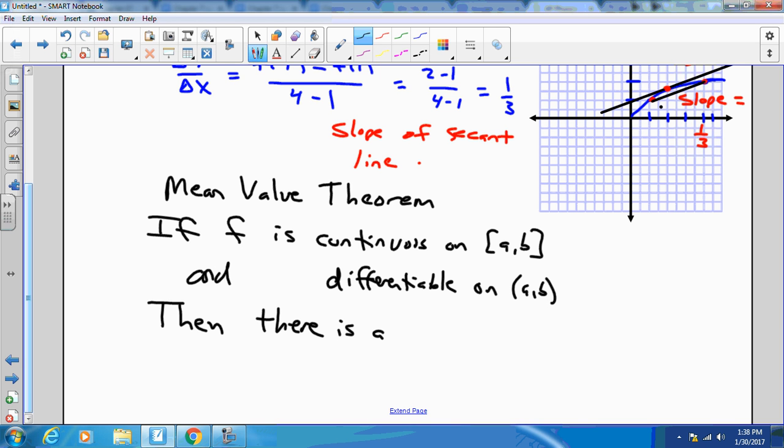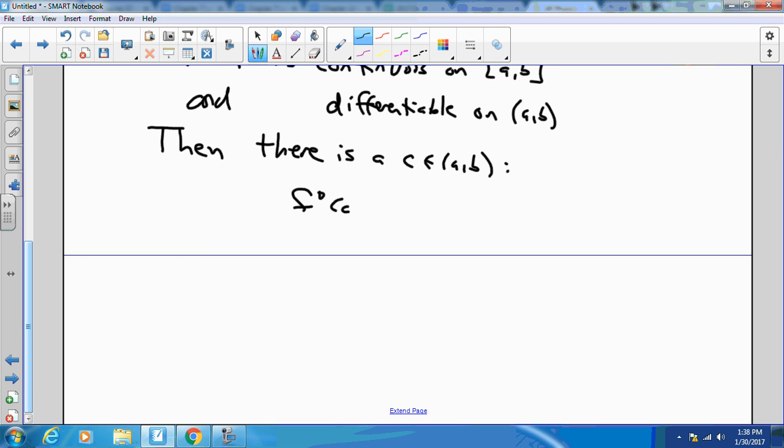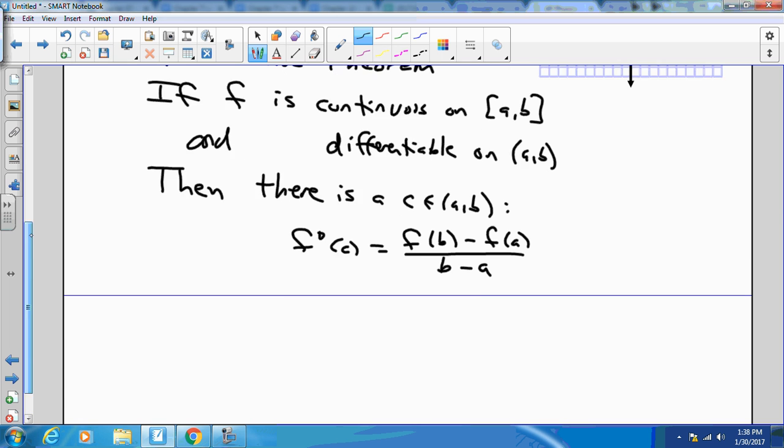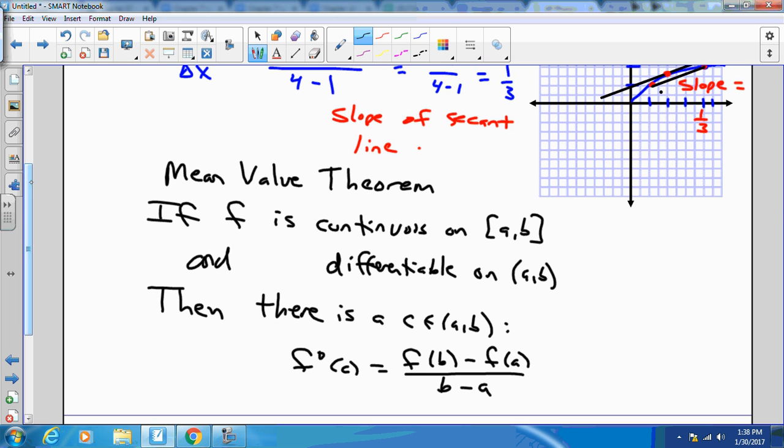Then there is a c somewhere between a and b such that f prime of c is equal to f of b minus f of a over b minus a. Now these two quantities here, f prime of c is the slope of the tangent line, and f of b minus f of a over b minus a is the secant slope.